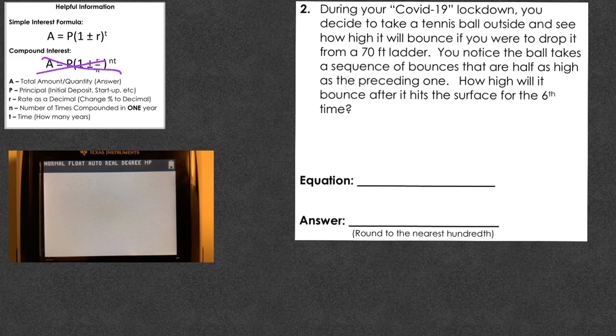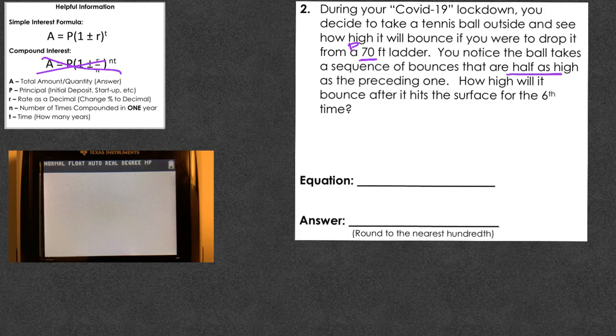And we need to go back in and indicate what values are going to represent what variables. So going back in, it says the ball was dropped from a ladder that was 70 feet high. So that would be our initial value, so we'll say that's our P. And then we need to go on. It says, you notice the ball takes a sequence of bounces that are half as high.